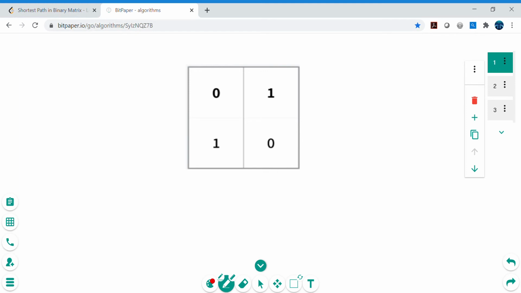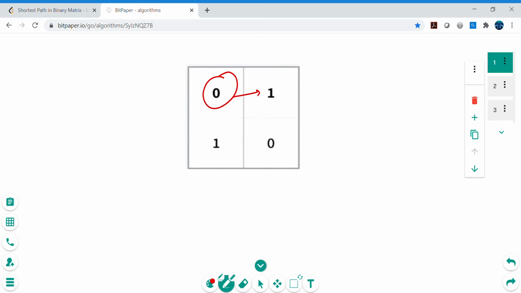Okay, so here we have understood the problem itself. Now what is the pattern, right? Here the pattern is that we are starting from one node. If we consider this matrix as a graph, and we consider these cells as graph nodes, then we can say we are starting from one particular node and moving directionally, and checking if there is any 0 or not.